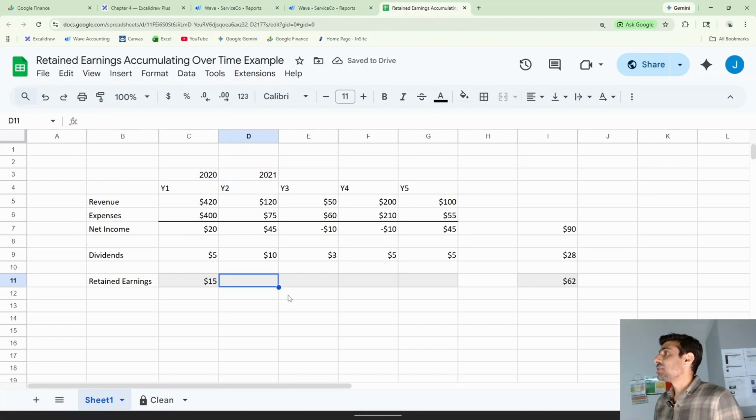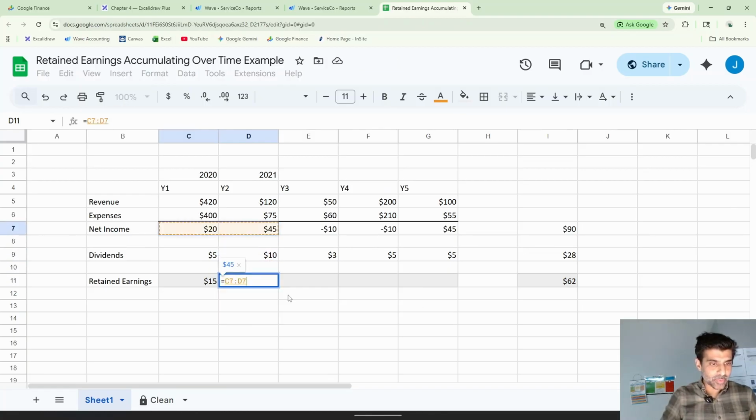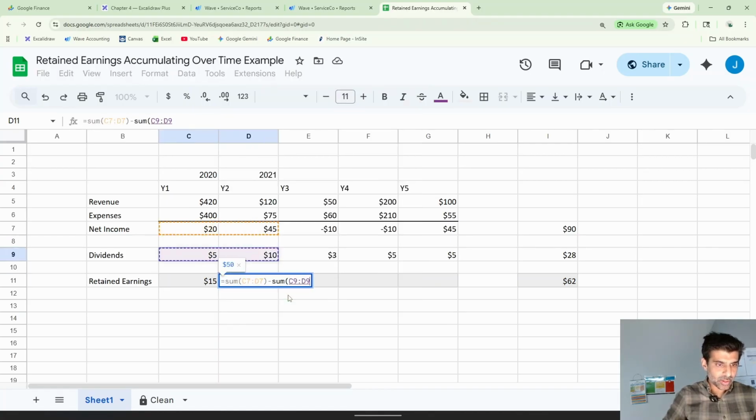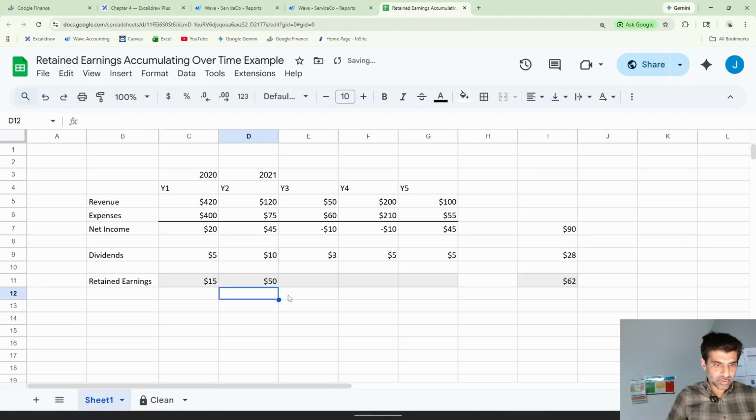this retained earnings balance has changed. We could do this where we add up both years of net income minus the total of the dividends. That's going to give us $50.